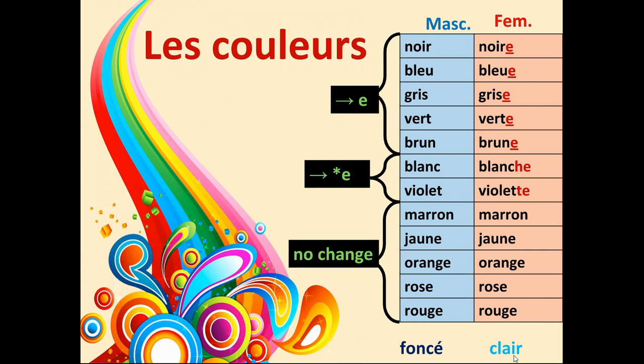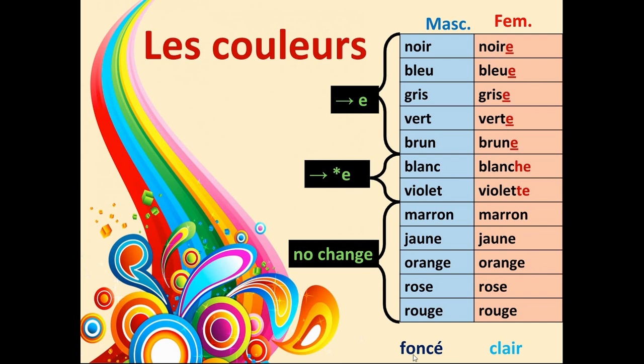Now, it's good if you want to use those, so you want to say dark green or light gray, for example. But if you want to use them, you need to make sure you use them correctly. When you use foncé and clair, even if the thing you're describing is feminine, you will not add an E or use the feminine version.